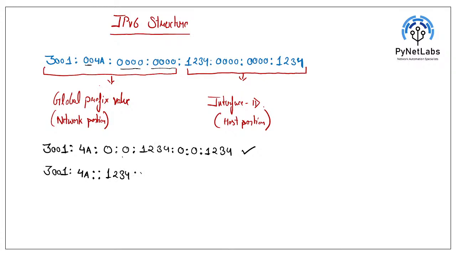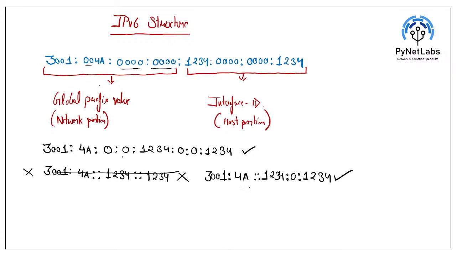If you write a double colon like this, and then write the IP, let's say 1 2 3 4, this is an incorrect way. This is never going to be marked as a correct IP, so we are not going to do it like this. The correct one will be represented like 3001 colon colon 4a, then a double colon, and then we write 1 2 3 4 colon 0 colon 0, and then 1 2 3 4.